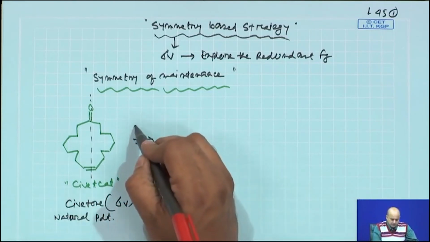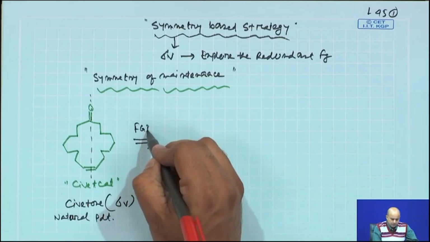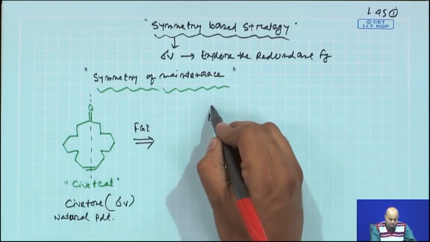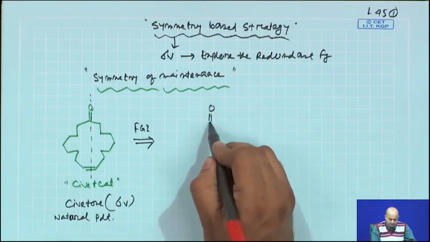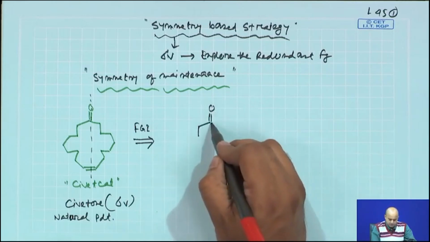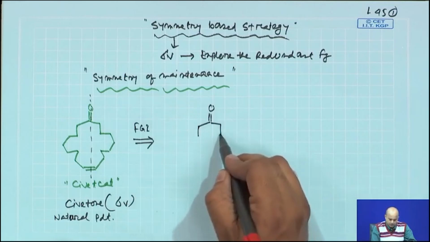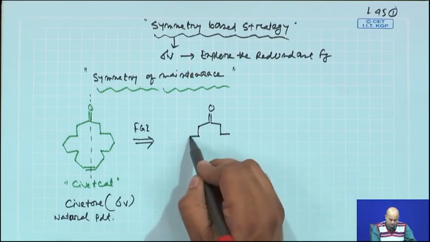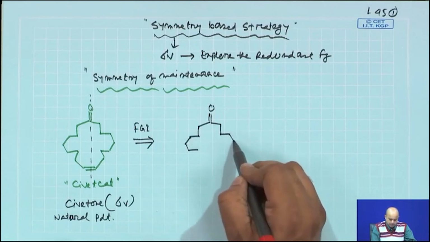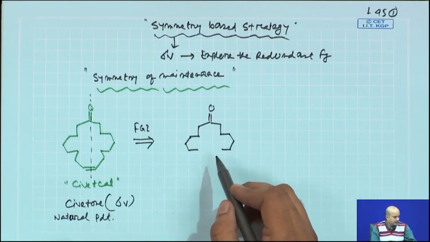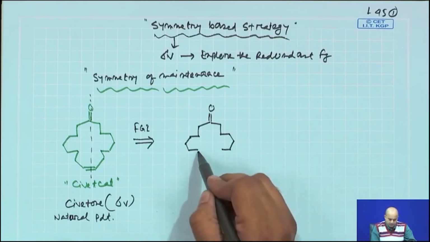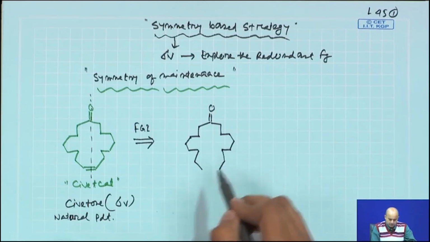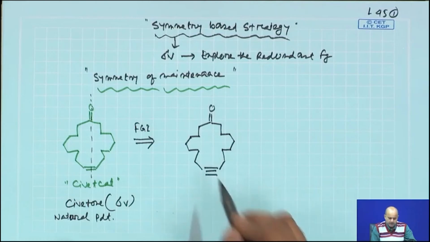The initial retro which was thought of for this molecule, by doing a simple FGI, and the disconnection, was proposed that the Z olefin which lies in the bottom part of the molecule can easily be constructed from the corresponding alkyne.